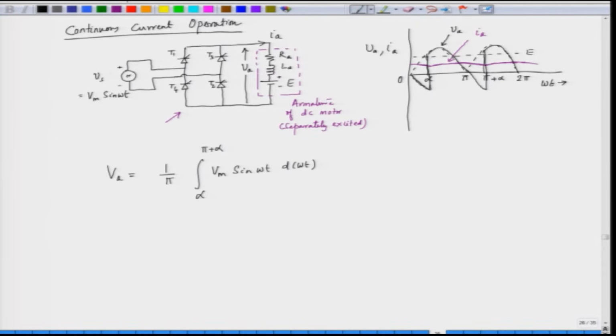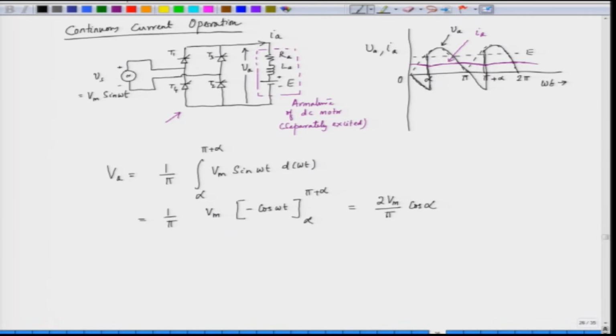That is equal to 1 by pi into V m into minus cos omega t, from alpha to pi plus alpha. What we get here is 2 V m by pi into cos alpha. This is the average output voltage of the bridge, which is the armature voltage of the DC motor.